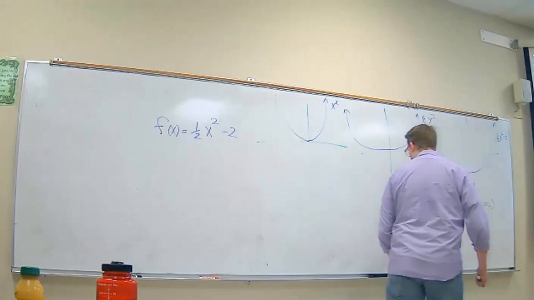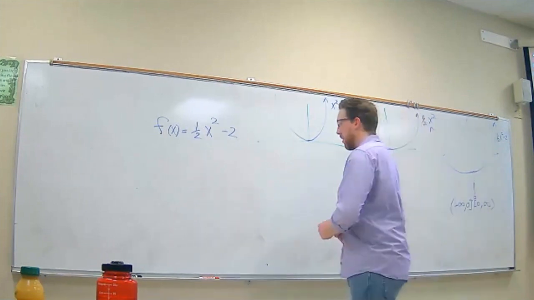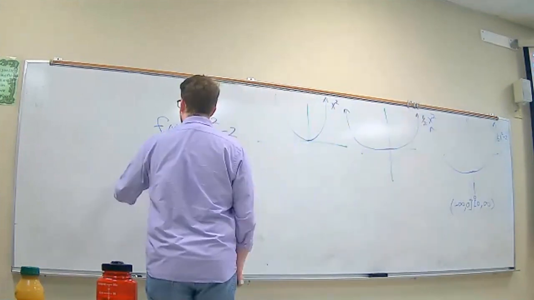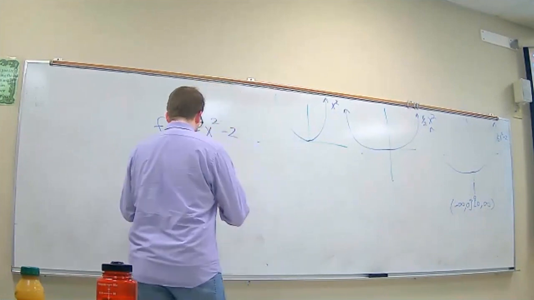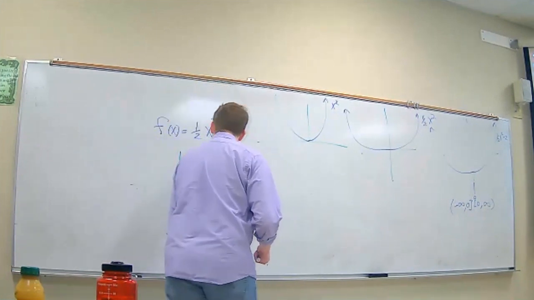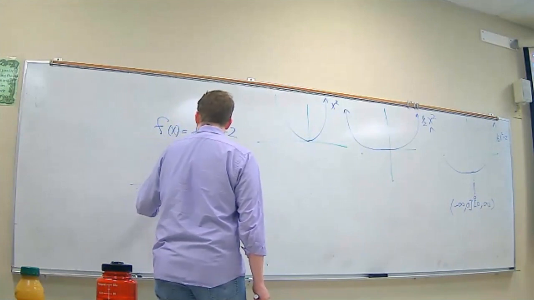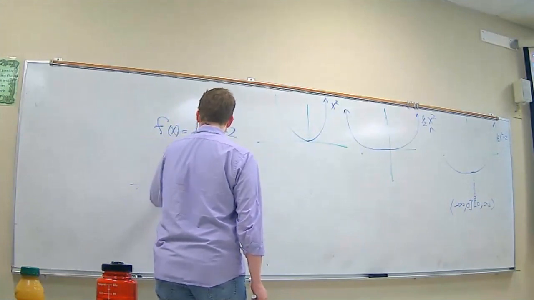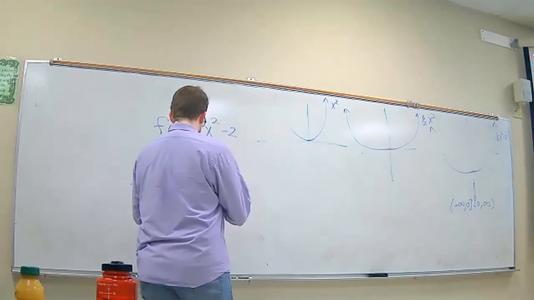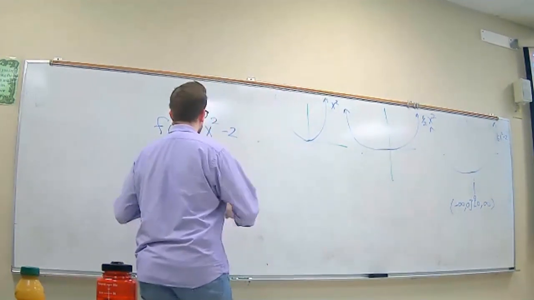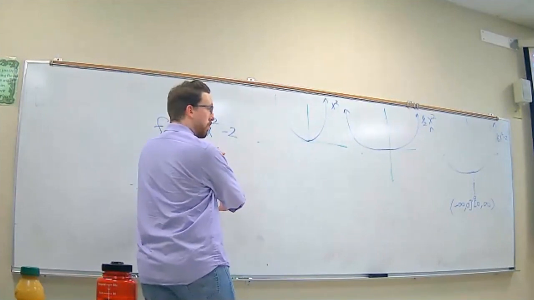The reason why is because let's think about what I was saying before about inverse functions versus functions. If a function looks like this, its inverse function will be the mirror image of this, right?